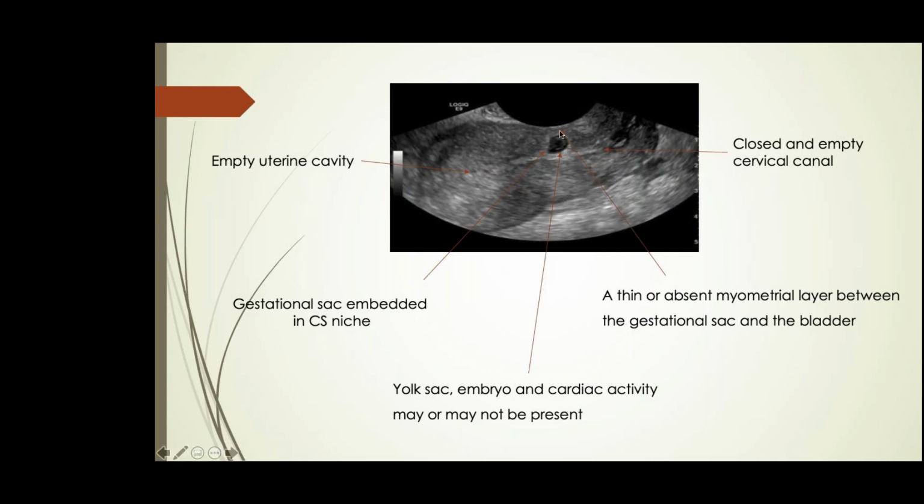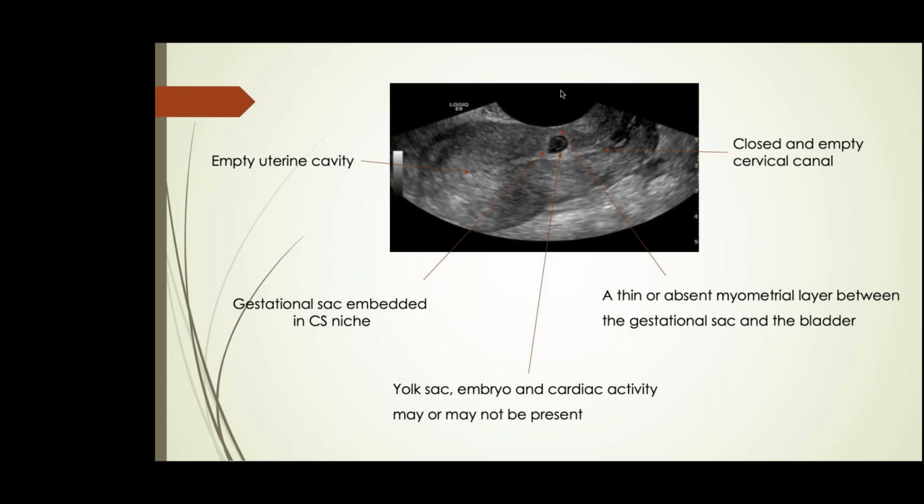Then you would find an absent or very thin myometrial layer between this gestational sac and the bladder. The last one in this slide: you may or may not find a yolk sac or an embryo inside this sac.